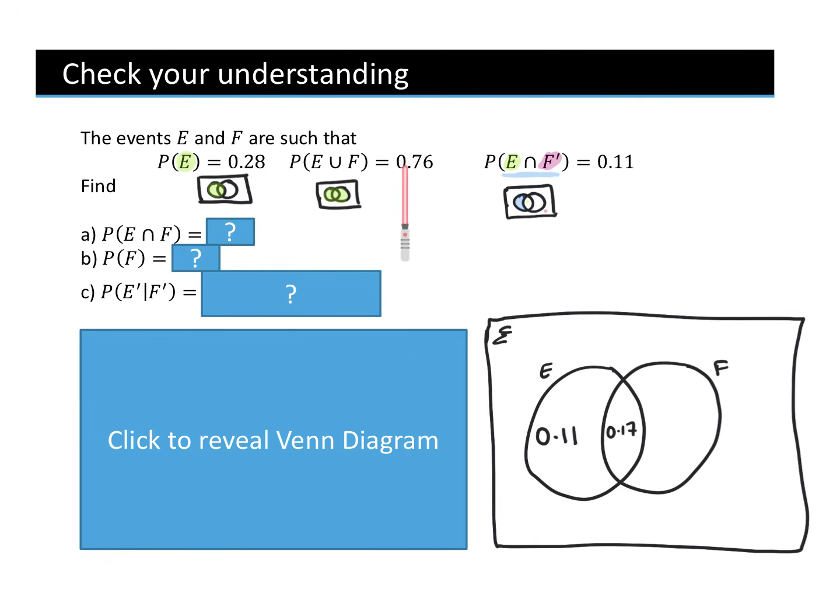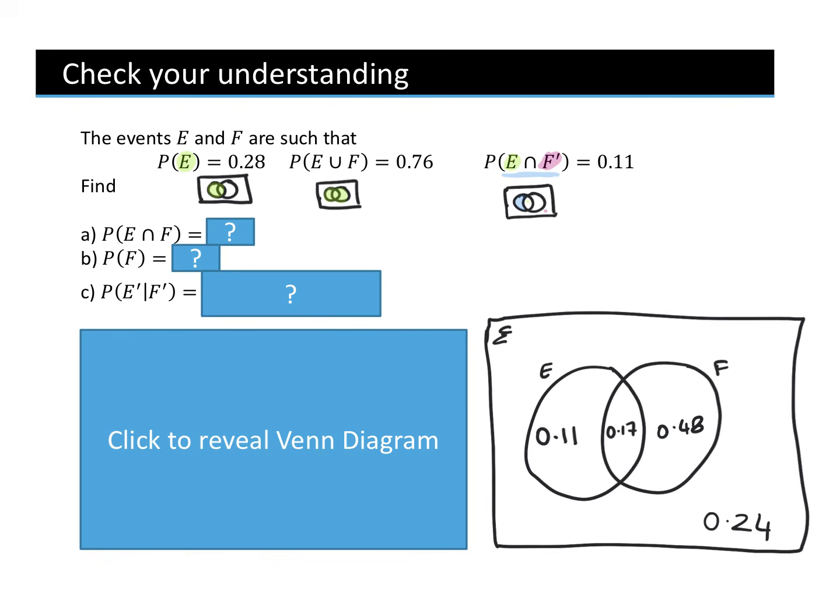So that means you need to do 0.11 plus 0.17 minus 0.76. What do we get? 0.48. We also know probabilities have to add to 1, so if we add them all up and do 1 minus 0.24. So now I've drawn my Venn diagram, I can see what's going on.